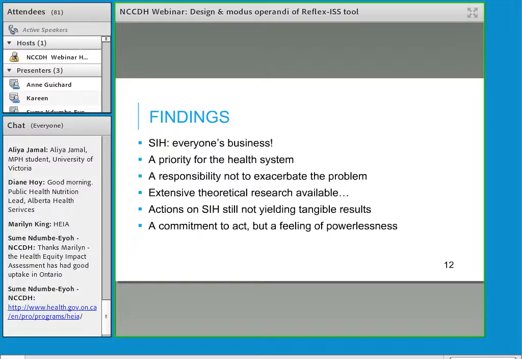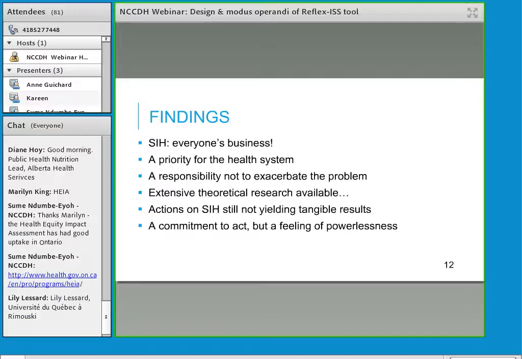Many still believe that actions on the social determinants of health have nothing to do with public health's mission, that public health does not have the means nor the legitimacy to act. This consideration often makes public health professionals feel powerless. This is why they have been asking for tools to help them incorporate effective actions into their practices. We move to slide 13.